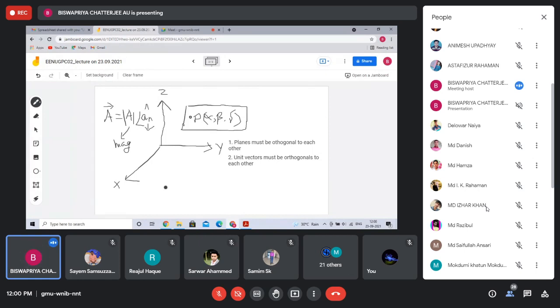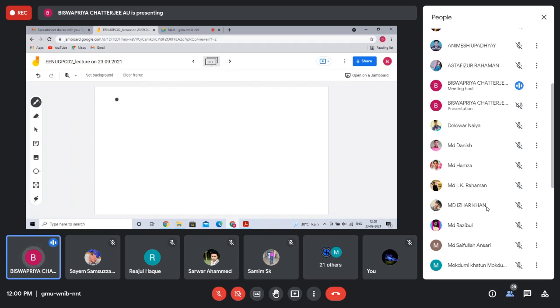Now, let us write it down. The general representation of any vector is written as a1 e1 plus a2 e2 plus a3 e3.